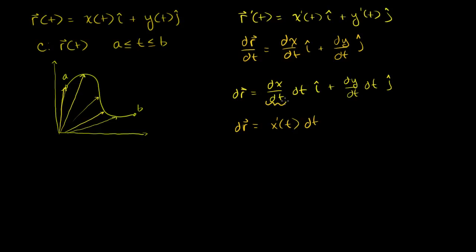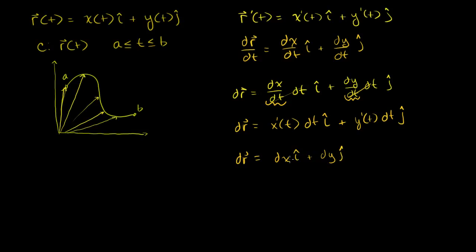This is x prime of t right there, times dt, times the unit vector i, plus y prime of t times dt times the unit vector j. And just to complete the trifecta, the other way that we could write this is that dr is equal to, if we just allowed these to cancel out, dx times i plus dy times j.